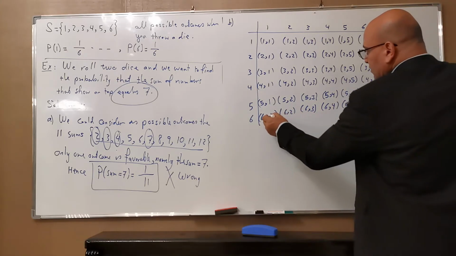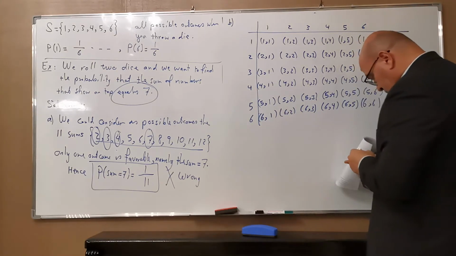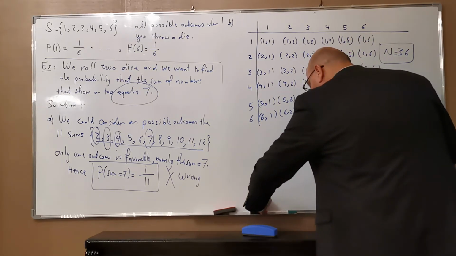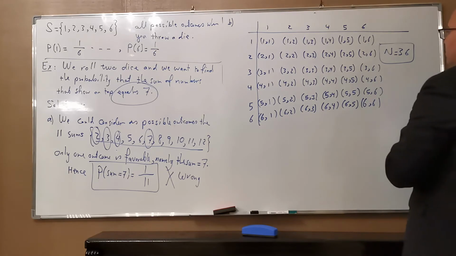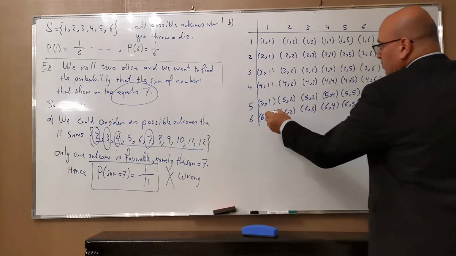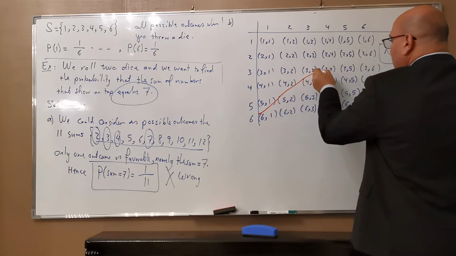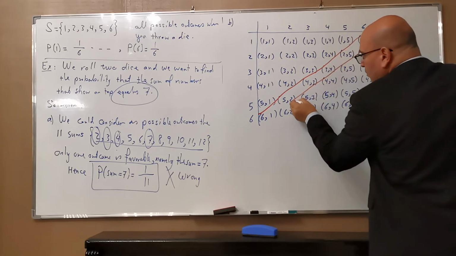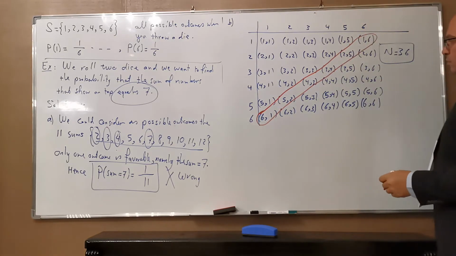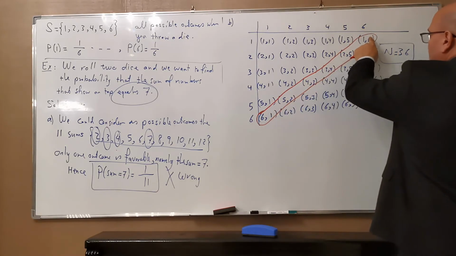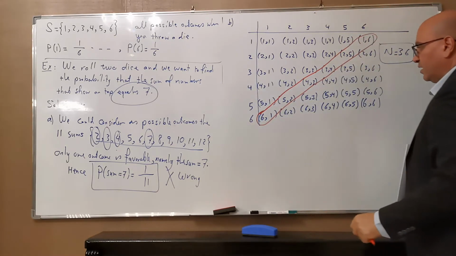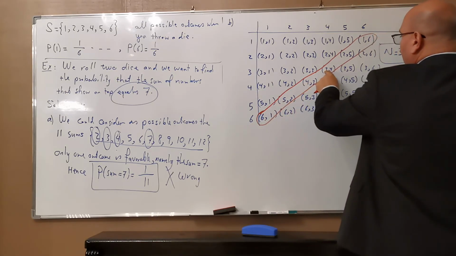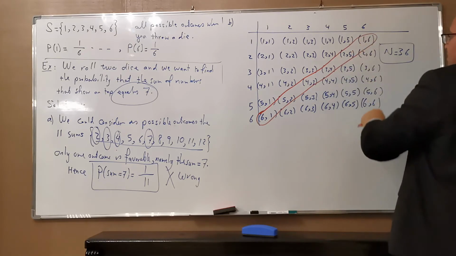It's all those, let me put them in with a different color. All those combinations are in favor of the sum equals 7. So 6 and 1, 5 and 2, 4 and 3, 3 and 4, 2 and 5, 1 and 6.